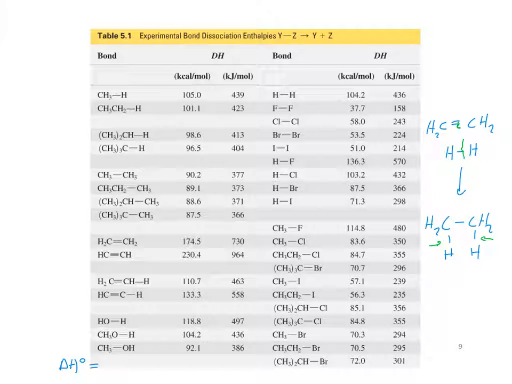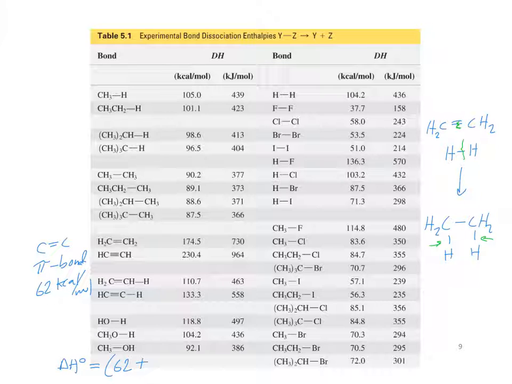Okay, so we have the pi bond, and this is the part that's a little confusing. In the book they say the pi bond, which is not on the table, is worth 62 kilocalories per mole. So we're going to add 62, and we're going to add to that the bond dissociation energy of this hydrogen-hydrogen bond.